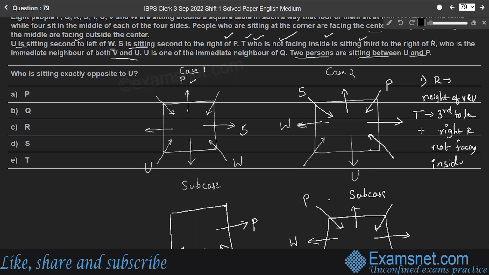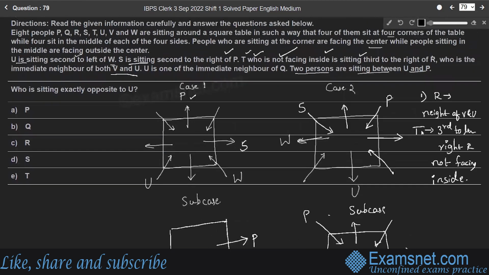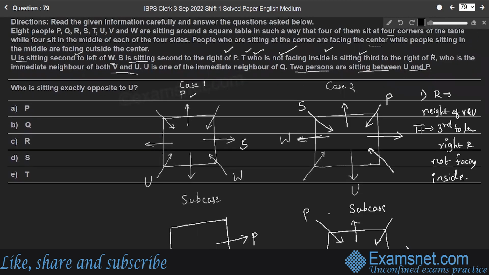Therefore, consider these 3 points here where R is the immediate neighbor of both V and U. So in case 1, the position of R will be here so that R will be the immediate neighbor of V and U. And T is sitting third to the right of R, so to the right of R means here, first, second, third. So T will be sitting here. But it is given that T is not facing inside. So case 1 will be eliminated.